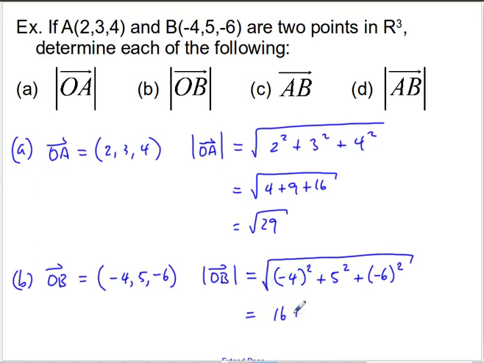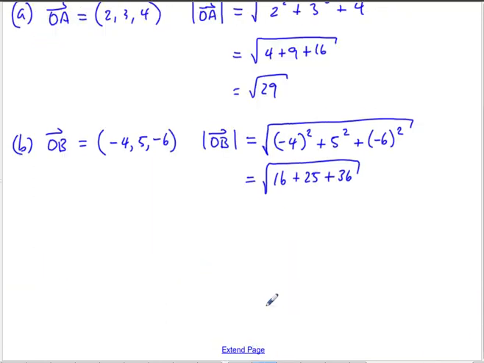That gives me 16 plus 25 plus 36 all square rooted, which gives me 77. So that is the square root of 77. That's the length of OB. Let me just double check my math there. 41, 77, yep.